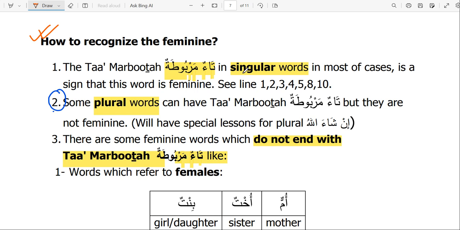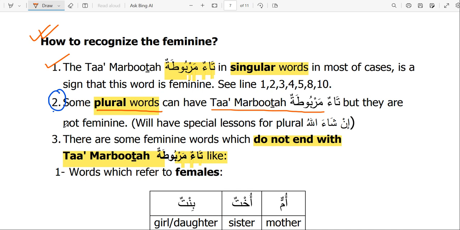So in all the phrases at the start of the lesson, you saw a lot of feminine nouns with ta marbuta. Secondly, there are some plural words that can have a ta marbuta at the end, but they are not feminine.